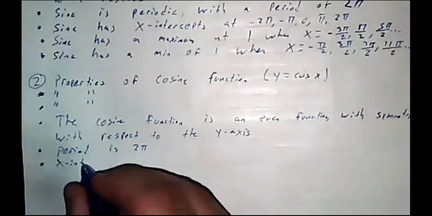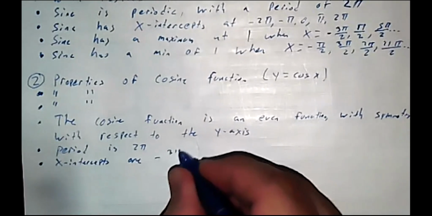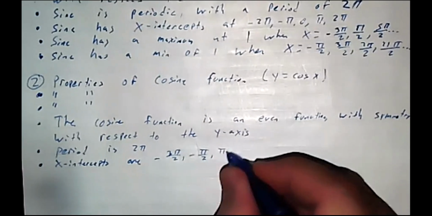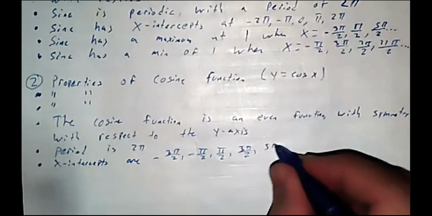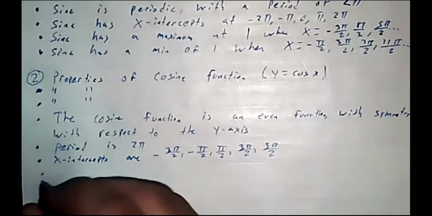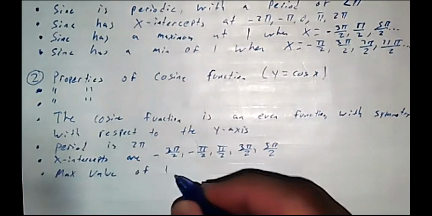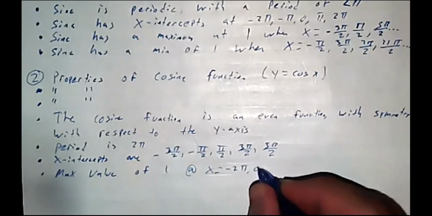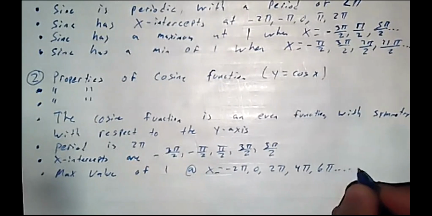X-intercepts are negative 3 pi over 2, negative pi over 2, pi over 2, 3 pi over 2, 5 pi over 2, okay, max value of 1 at x equal to negative 2 pi, 0, 2 pi, 4 pi, 6 pi, and so on.